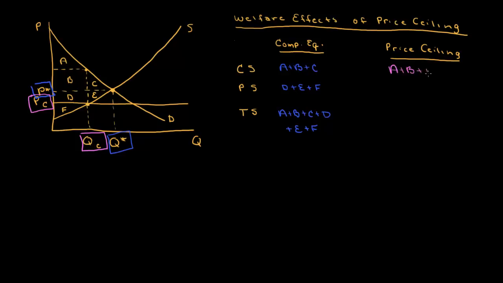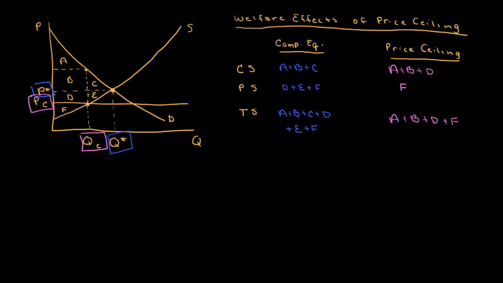Now, for producer surplus, there's no question who are going to be the producers who provide it. The producers who provide the product are going to be the ones with the lowest marginal cost of production. And so producer surplus is just going to be area F. So total surplus in the market is just going to be areas A, B, D, and F, which means that we have a deadweight loss here.